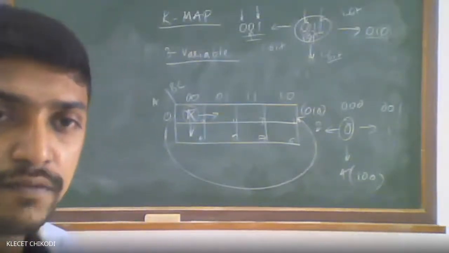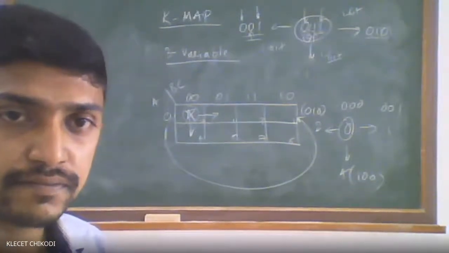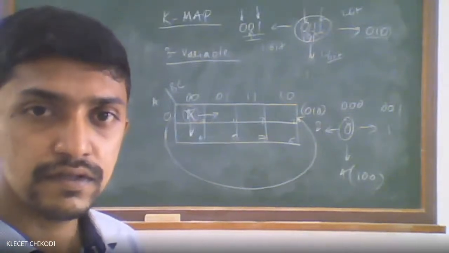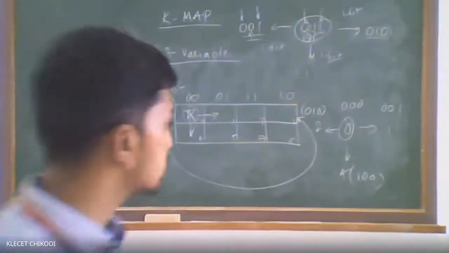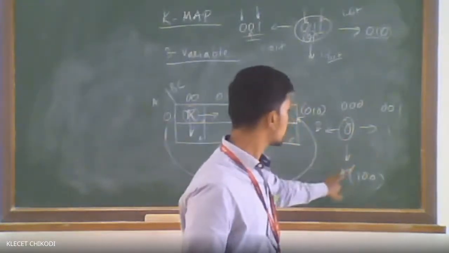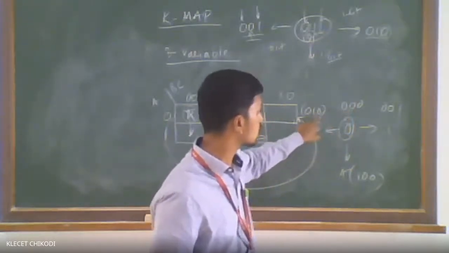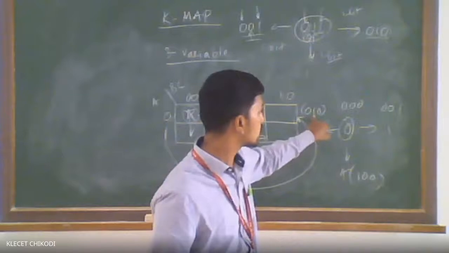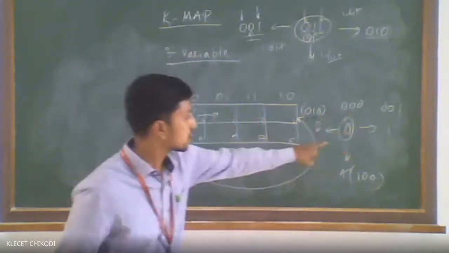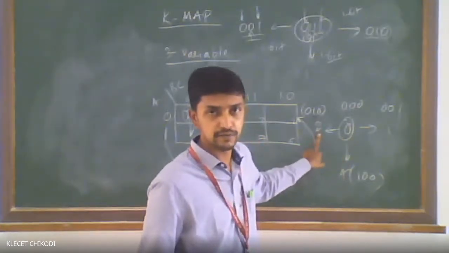Is it clear? For the 0th cell, what are the adjacent cells? 1, 4 and 2. Why 2? Because you can see 0, 0, 0 and 0, 1, 0. Only the middle bit is changing. So that's why the 0th cell is adjacent to the second cell also.